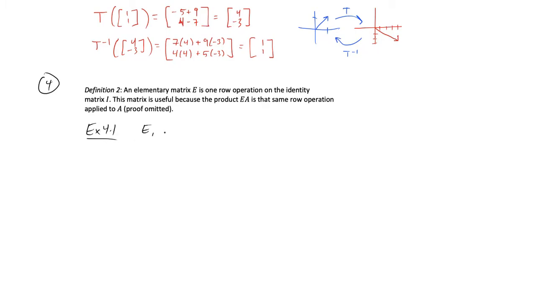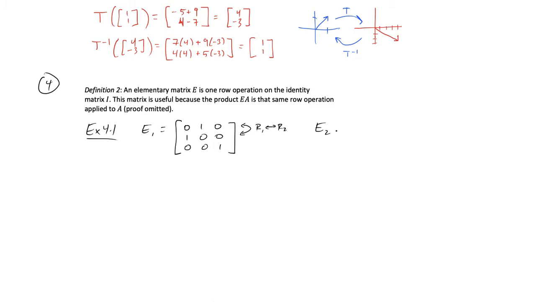So let's look at the elementary matrix that involves a row interchange on a 3x3 identity matrix. So we have the standard identity matrix, which is ones on the diagonal, and we switched row 1 and row 2, and this is our elementary matrix. We call it E1.